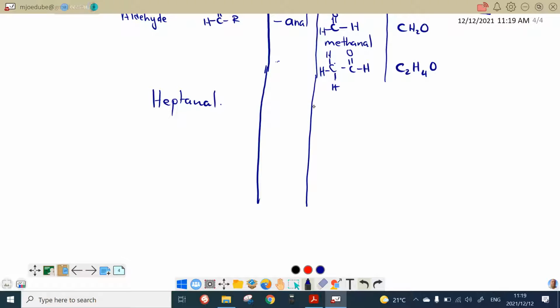Give the name and the formula. We've given you the name, so we'd like the structural and the molecular formula of heptanol. So this is practice. And also maybe pentanol. All right, so those are practice exercises for you.